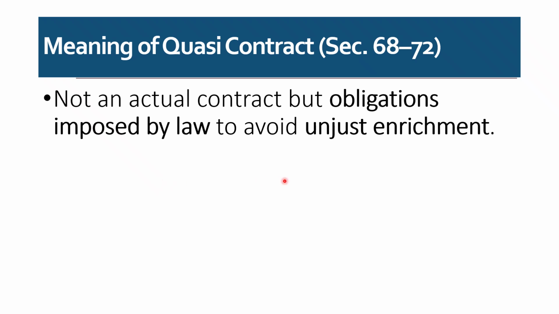Yet the law creates a contractual obligation. Why? To prevent unjust enrichment, which means one person should not benefit unfairly at the cost of another. So these obligations are imposed by the law and not by choice. They are very common in business, consumer transactions, banking and daily life.